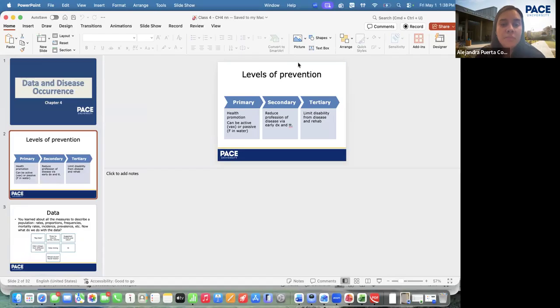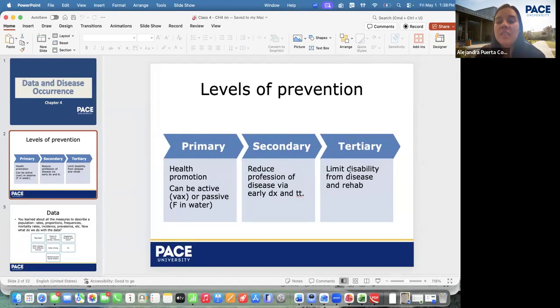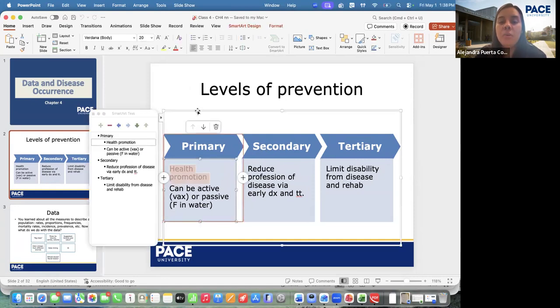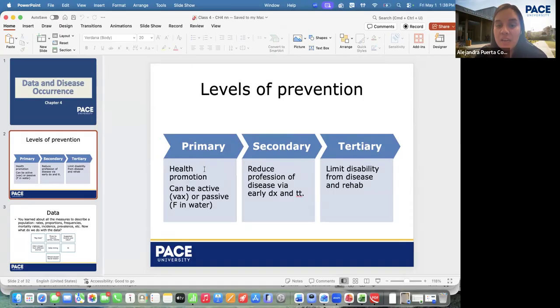Okay. Levels of prevention, super important, guys. Primary, secondary, and tertiary prevention. We saw this more last class, right? But again, primary prevention is when we're trying to do health promotion. A disease has not happened and we're trying to prevent it from happening, right?